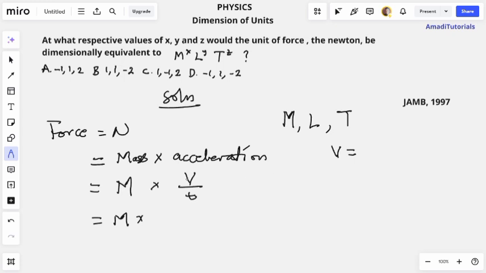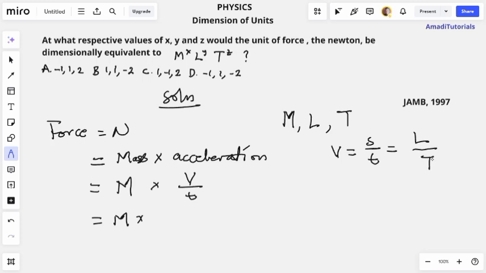The mathematical definition of velocity is what? Change of displacement or distance over time. So the fundamental unit of displacement or distance or height is what? Length. So a displacement, a height, and a distance is a length. Time remains time, capital T.